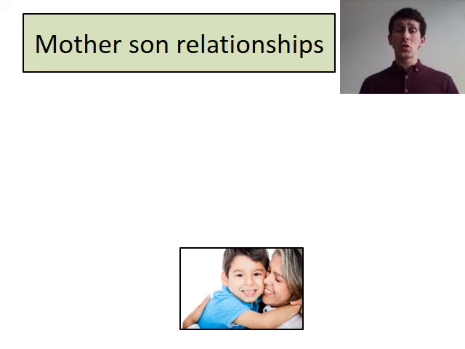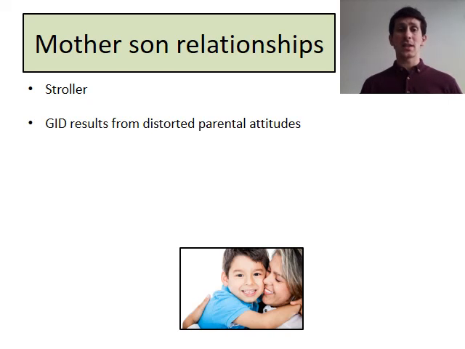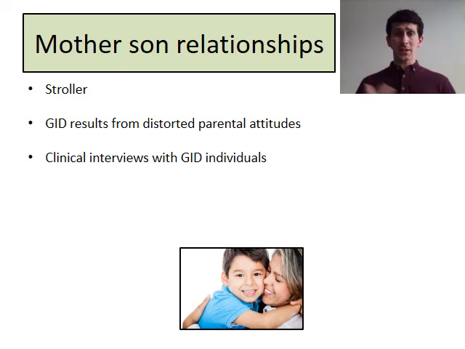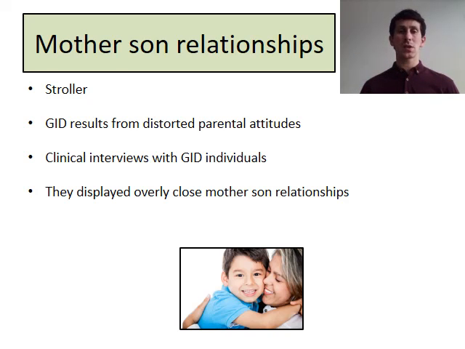Mother-son relationships have also been put as an explanation for gender identity disorder. Scholar conducted a study and found that GID resulted from distorted parental attitudes. And he conducted clinical interviews with GID individuals. By clinical interviews, we just mean in a controlled clinical setting.